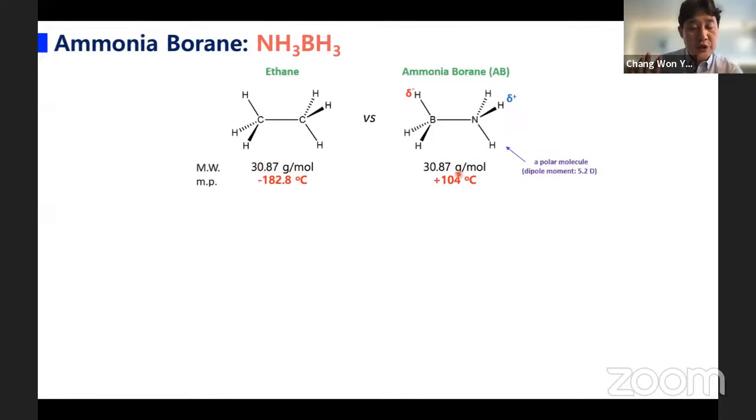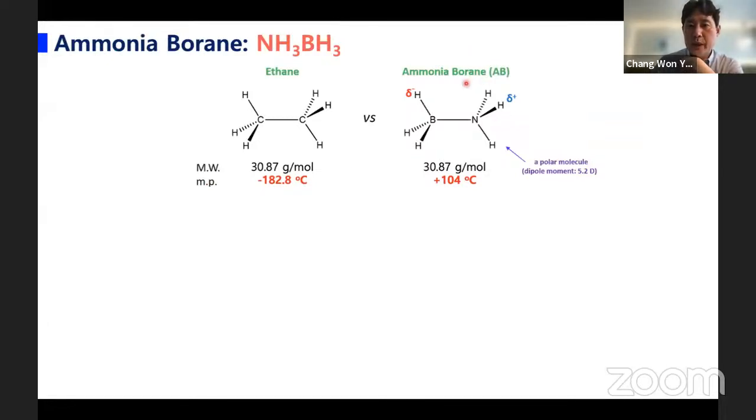But in general, scientists think that if two molecules have an isoelectronic structure, the physical properties may be similar. But in this case, it's hugely different. The ethane molecule's melting point is negative 182 degrees Celsius.